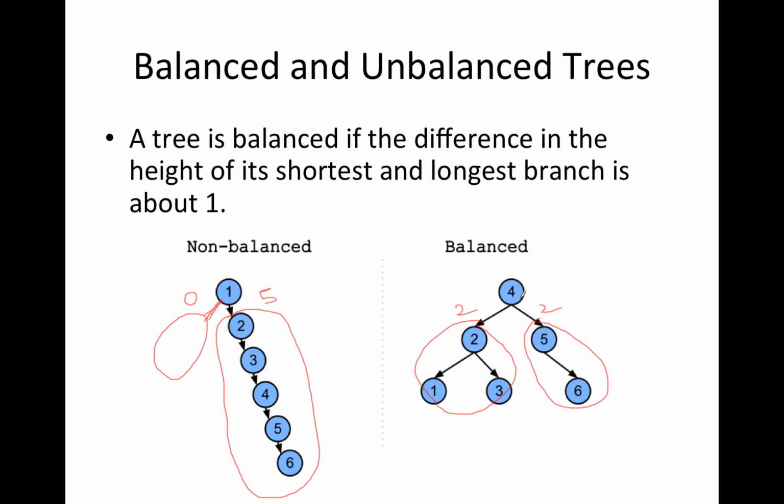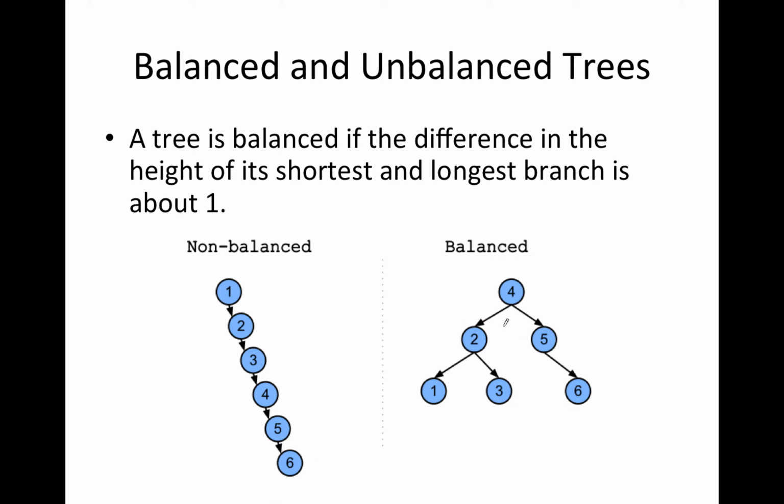So it's certainly balanced at node 4. Here again, the right subtree is of height 1 and there's no left subtree, so the left subtree is of height 0, but the difference is just 1. So it's still balanced. However, if say there were another node here, now the right subtree is of height 2 while there's no left subtree, which is of height 0.